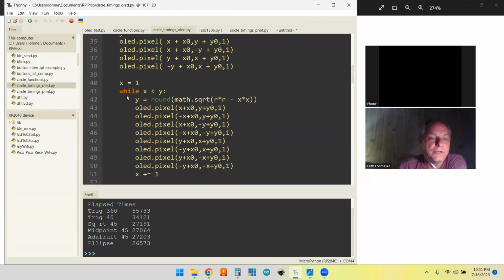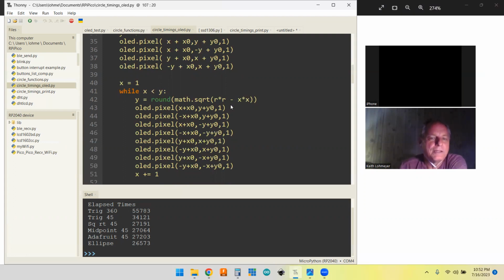So now if you're going up, all you're worried about is if X is staying smaller than Y. Once X becomes equal to or greater than Y, then that means you're past 45, so you don't need to do those. That's how we make sure we don't do too many.